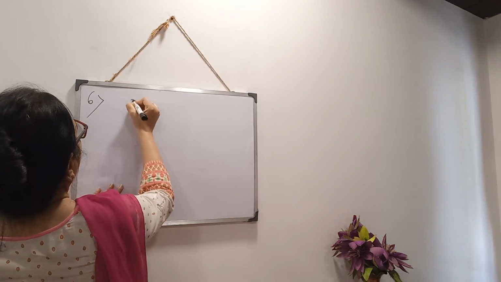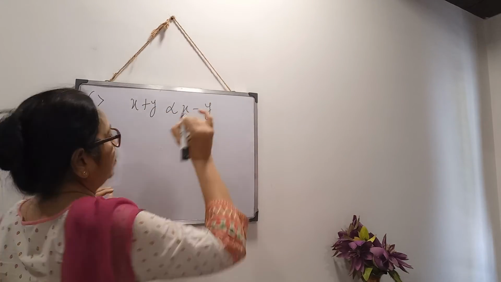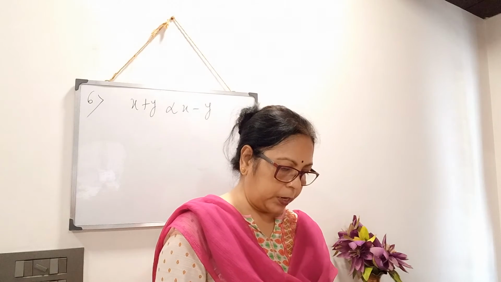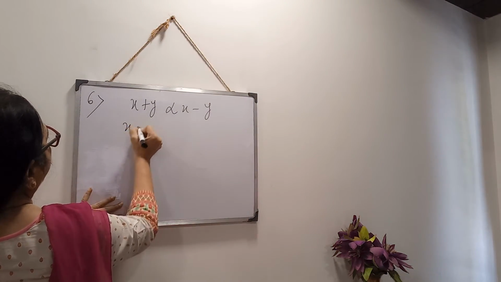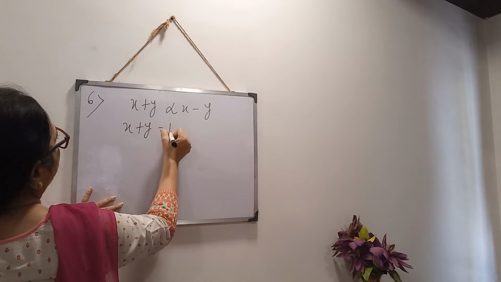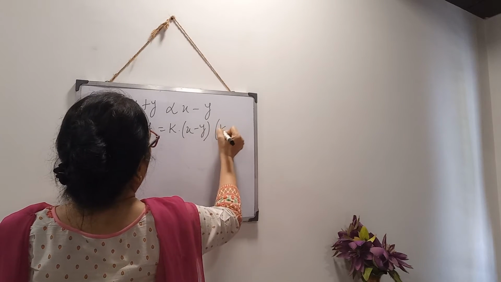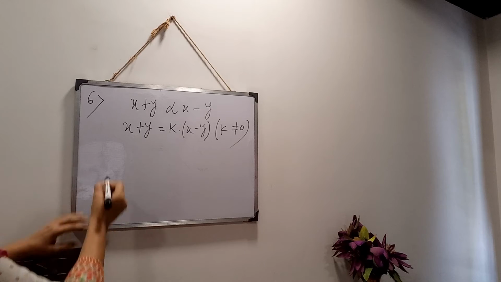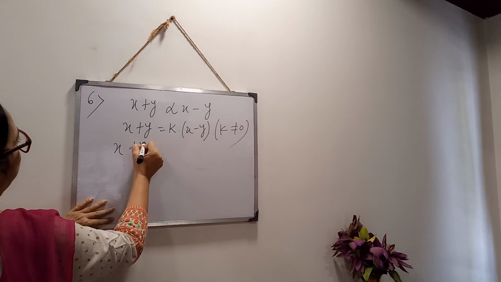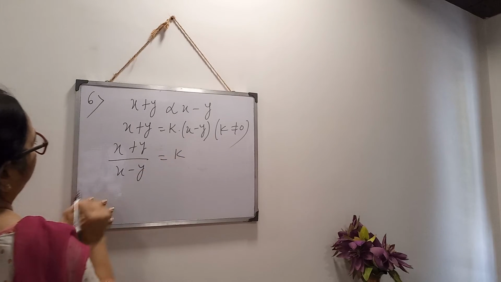If x plus y varies as x minus y, it is given and there are many parts. Then show that, number 1. From here, what can we write? x plus y equals k into x minus y. Then next step, x plus y by x minus y equals k.